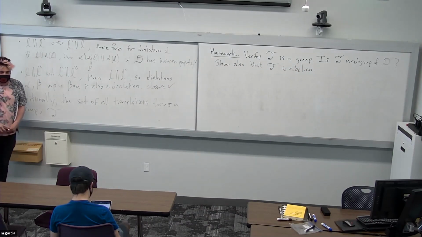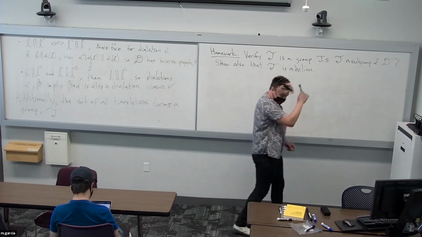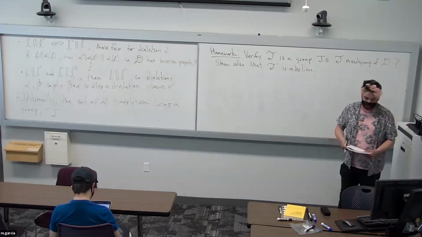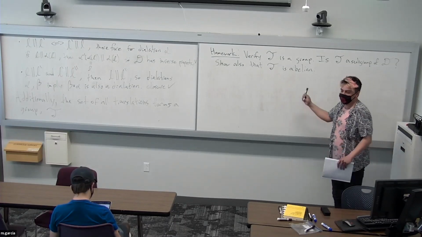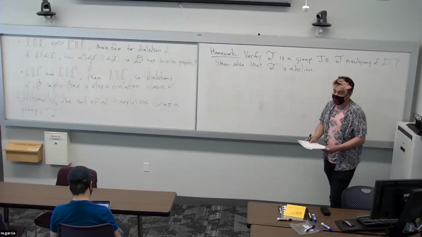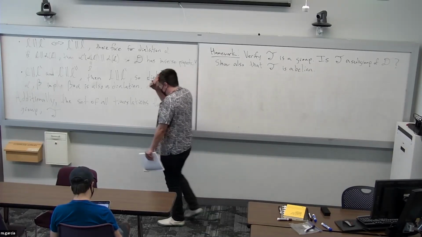Vector addition. This is a great exercise. Think about this and try to write it out formally. We'll discuss that tomorrow. I'm definitely going to do this tomorrow, but I want you to try it on your own.